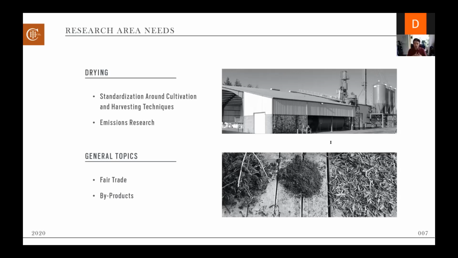And another big one here is byproducts. We talked about this a little bit earlier, but creating a system of aggregation amongst a lot of processors and even dryers who may end up, like ourselves, with low potency biomass is creating channels and outlets for these byproducts. I think many of us in the industry are looking to create sustainable pathways.